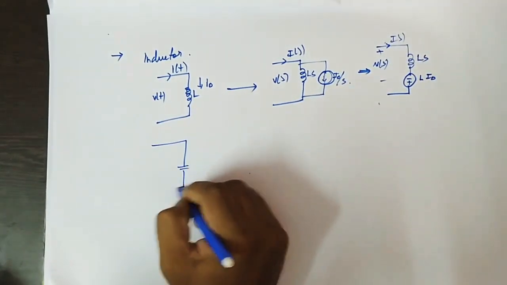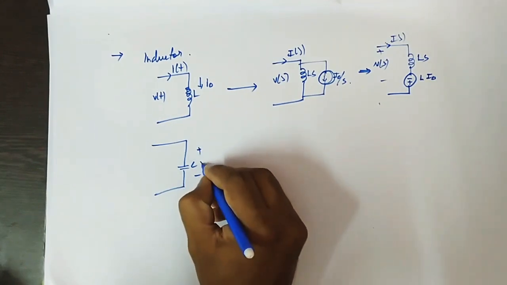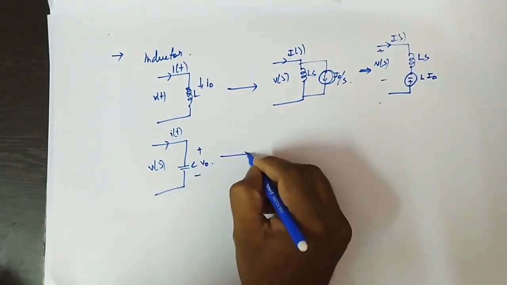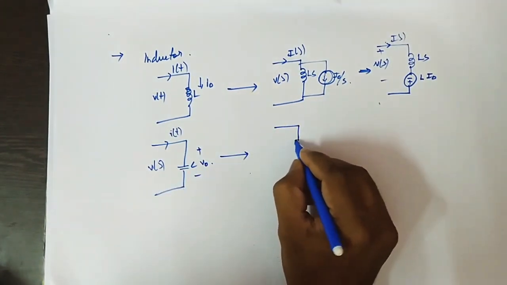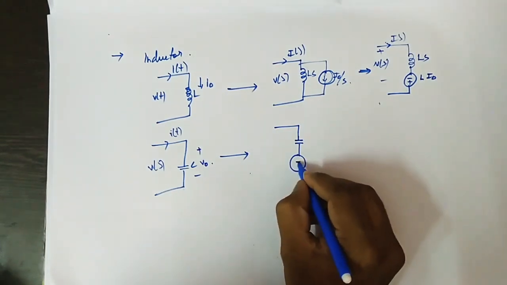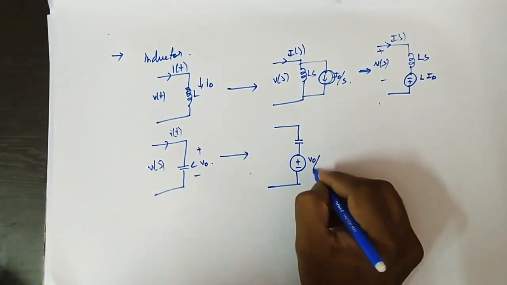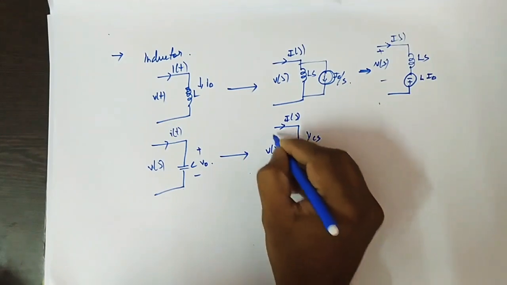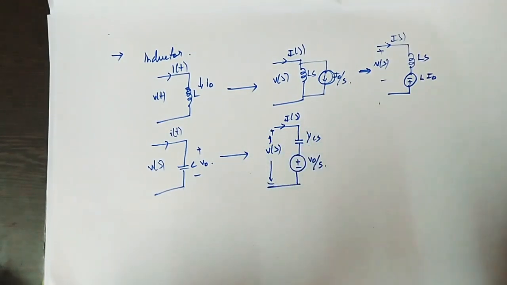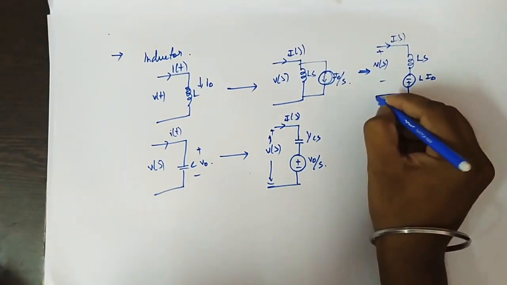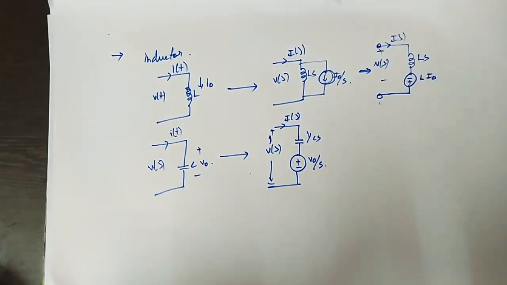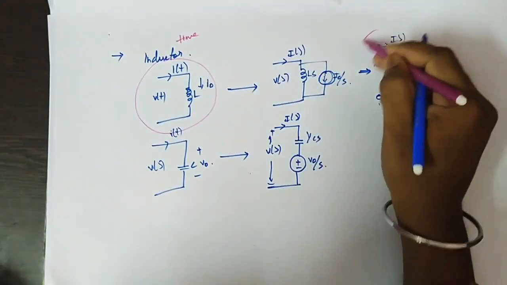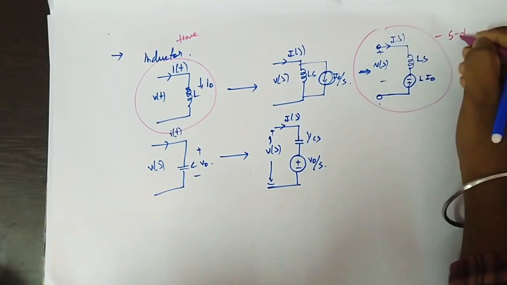Similarly, the capacitor having internal voltage V naught will be represented in this form. So finally, this is the T domain and this is the S domain representation.